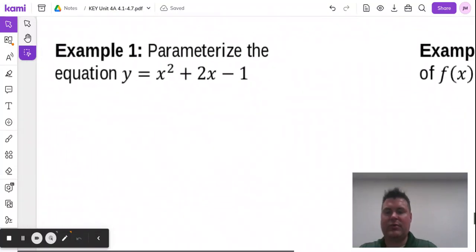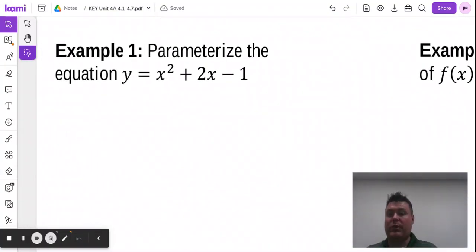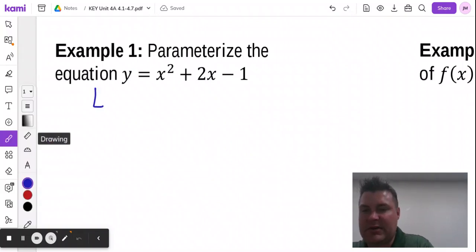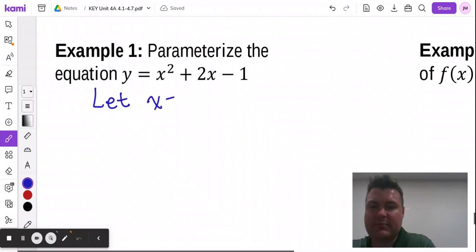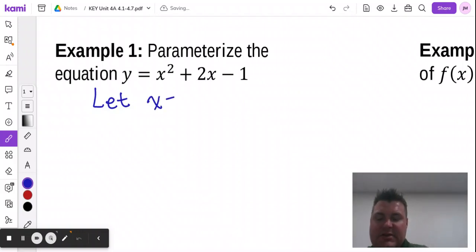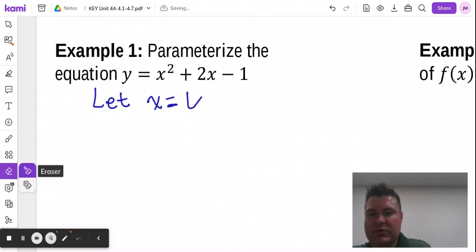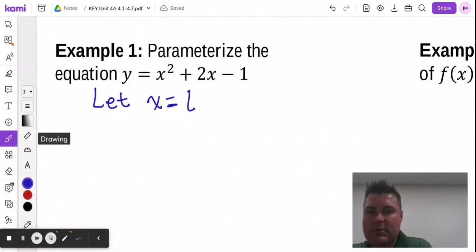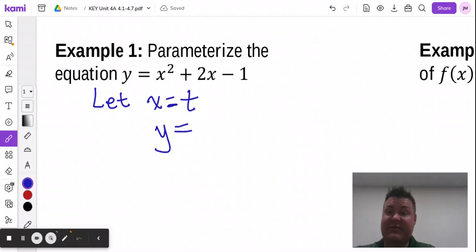Okay, so this equation, y equals x squared plus 2x minus 1. What we're going to do here is pick our parameters. So I'm going to let x equal t. It's the easiest parameter to pick. When I do that and plug it in for y, it's already set up very nicely for me.